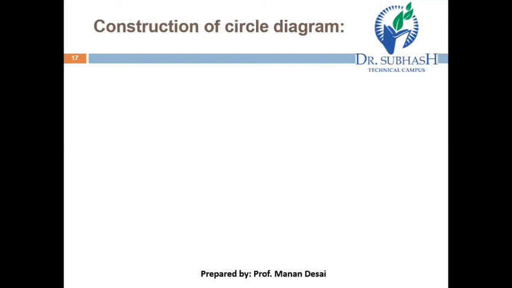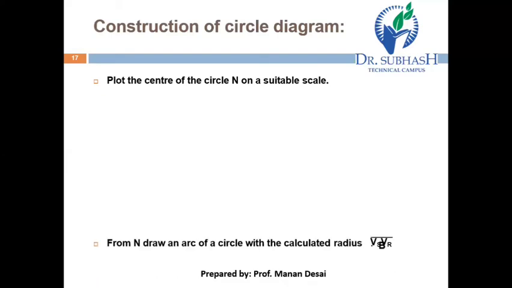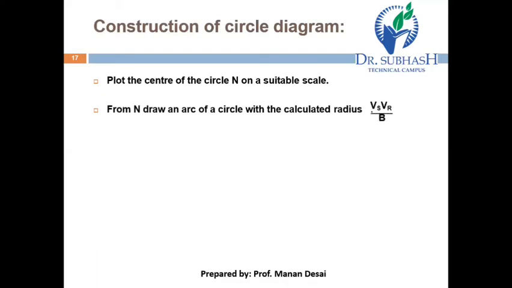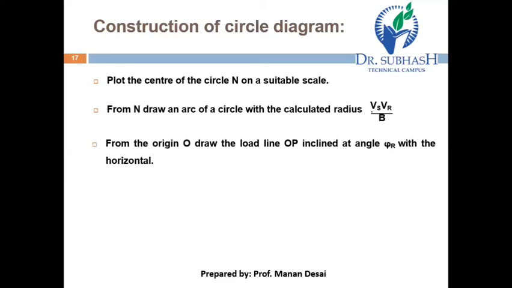Now, construction of the circle diagram. Plot the point N, the center of the circle, on a suitable scale. From N, draw an arc of a circle with radius VS VR by B. From the origin O, draw the load line OP inclined at angle phi R with the horizontal.